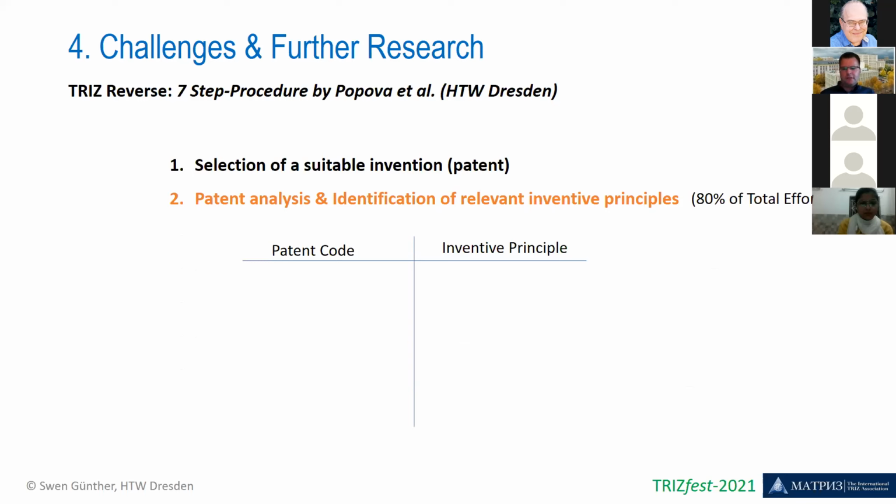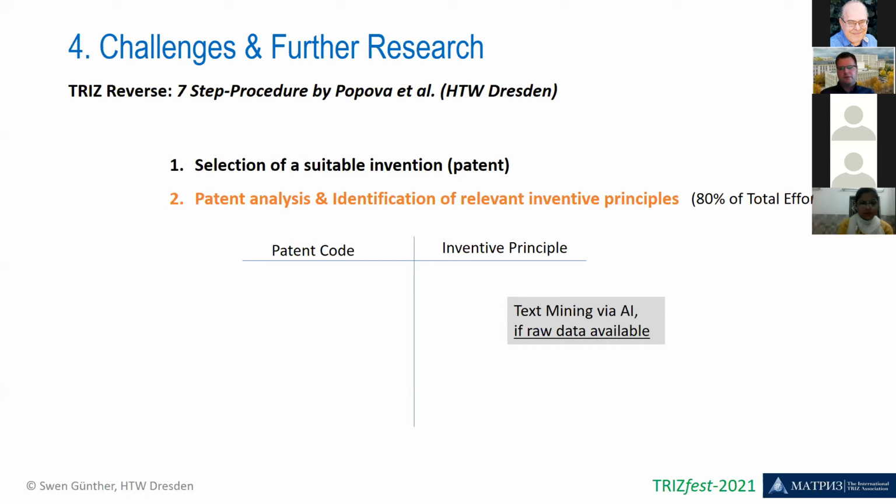And here is what we are looking for: to find support, or maybe there's someone here at the conference who could support or would like to do further research with us. What is needed to automate this step is raw data regarding patent codes and inventive principles. This is the foundation of Altshuller's contradiction matrix.